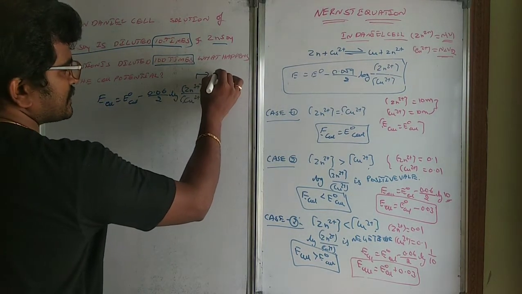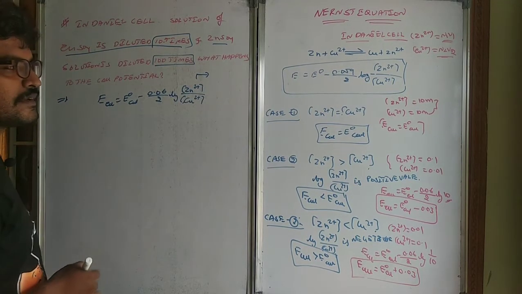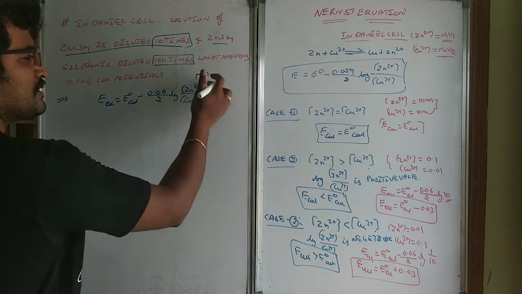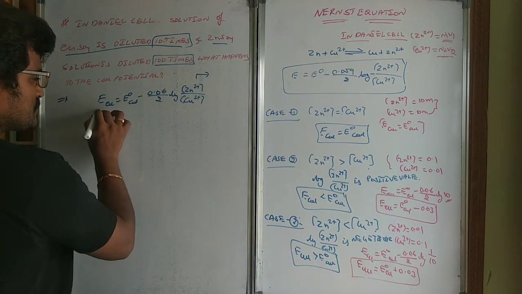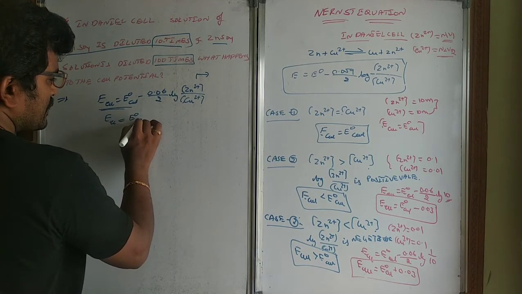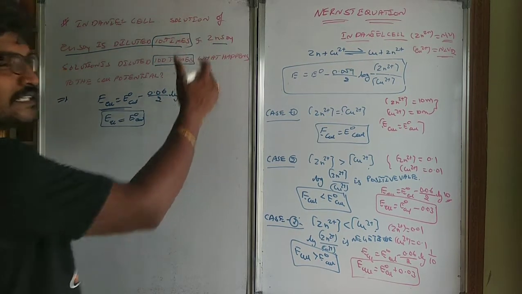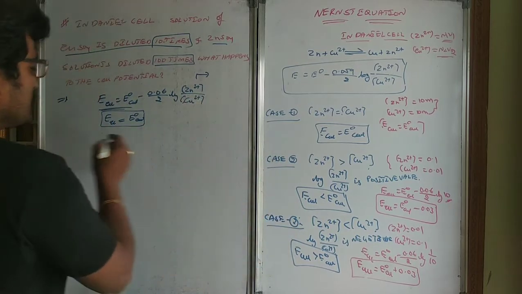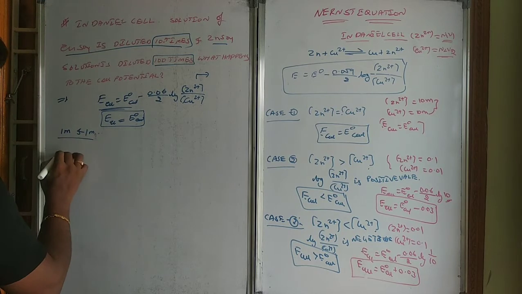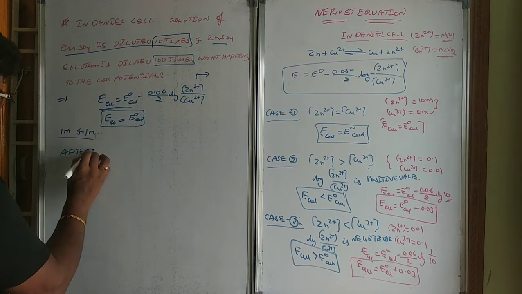Initially you take zinc concentration as 1 molar and copper also 1 molar. When you take both of them as the same, you will get E cell is equals to E naught cell. Because you want initial one as a reference one, you can take 1 molar and 1 molar.